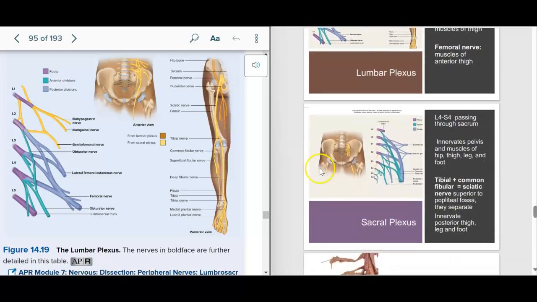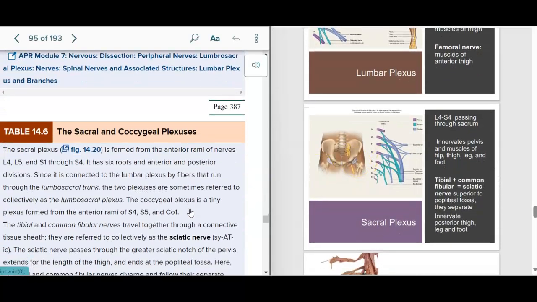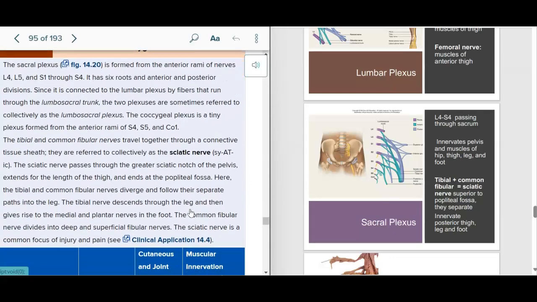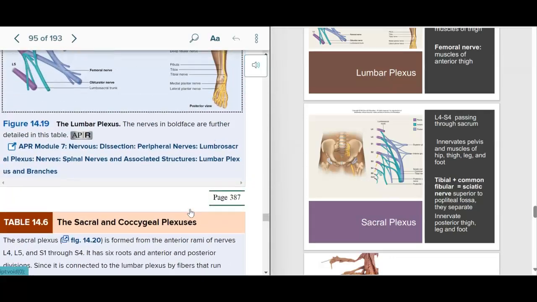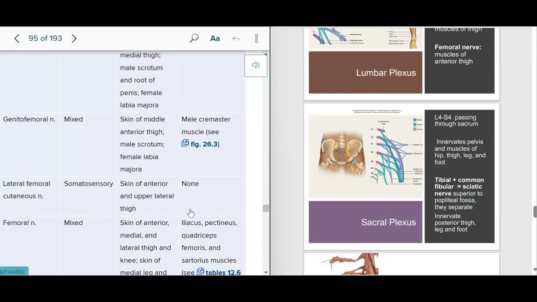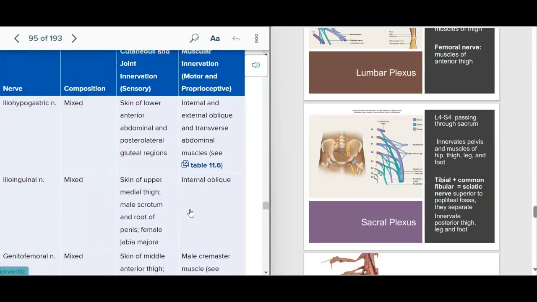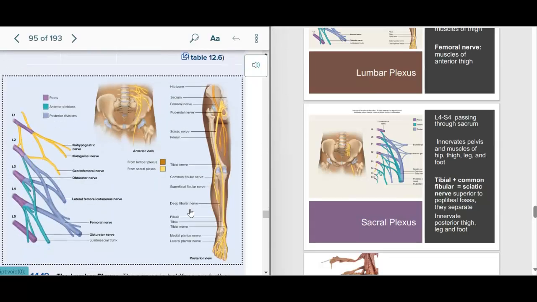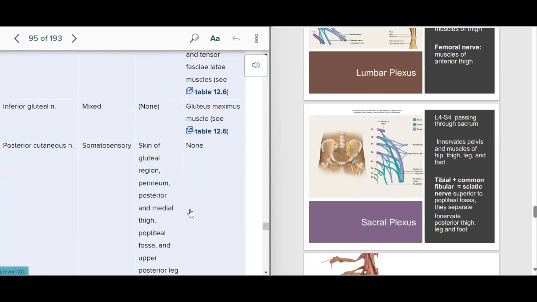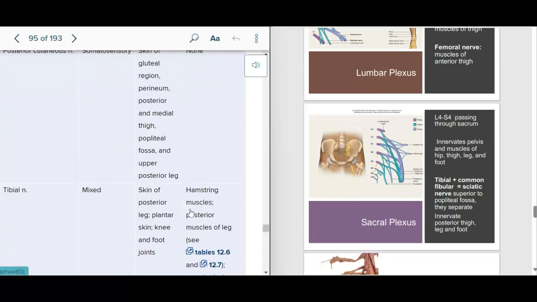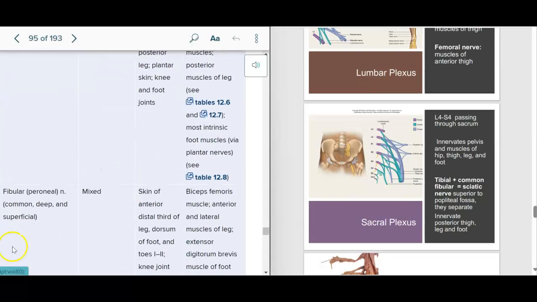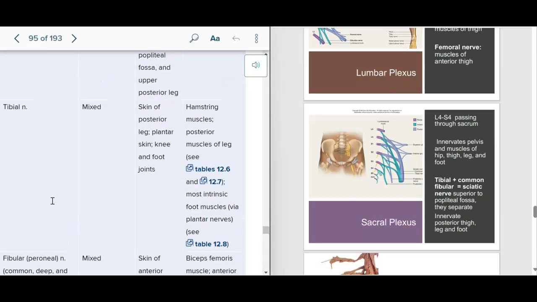And lastly, we have the sacral plexus. This is the sacral coccygeal plexus. And the key nerves that we have here are the tibial and the fibular nerve.